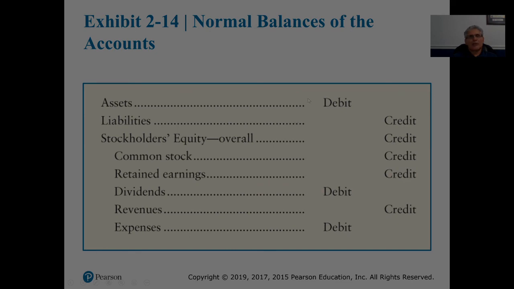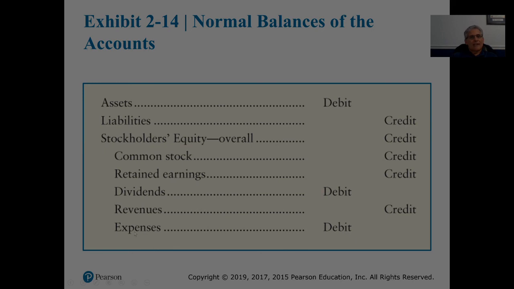This chart gives you a normal balance of what you would expect for these specific accounts. The definition of a debit is the left side of the equation. The normal balance of an asset is a debit. Liabilities is credit. Stockholders' equity is credit. Common stock is credit. Retained earnings is credit.